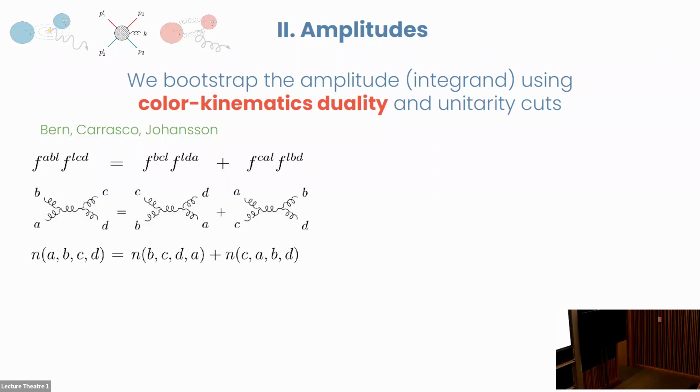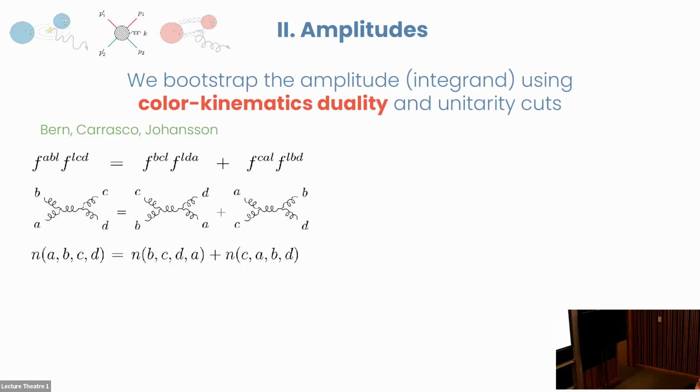So what do we mean by color kinematics duality? I think the simplest thing to do is to look at just some 4-point gluon graph. Now, this graph, of course, when we dress it with what we want, gets a color factor. In this case, this color factor consists of these two Fs. And it turns out that there's this relationship between the color factors that we call a Jacobi relation.